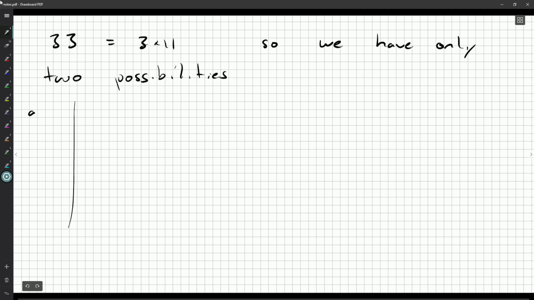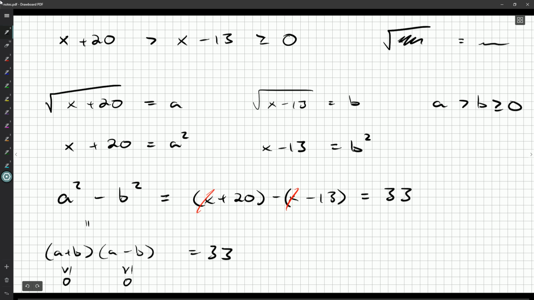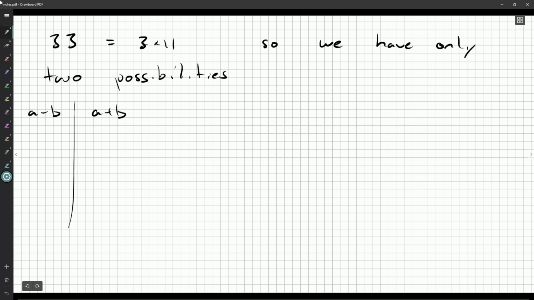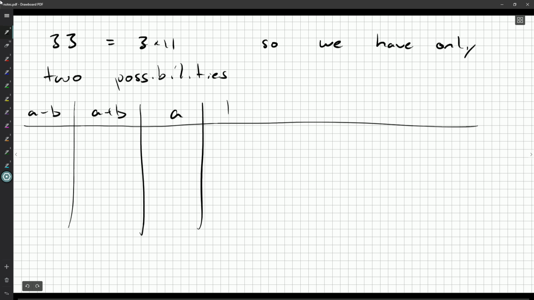We know a minus b needs to be the smaller of the two. If you're worried that somebody's going to ask how you know this one's the 1 and this one's the 33, then you include it. What we can do is list out the possibilities of what a minus b and a plus b are, and from there, we can find a and b.